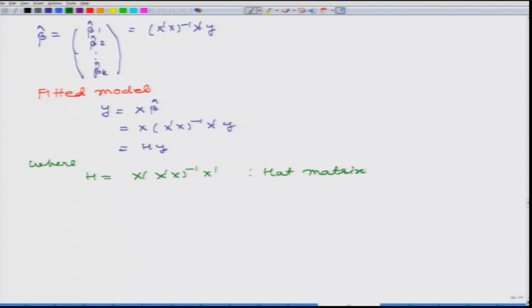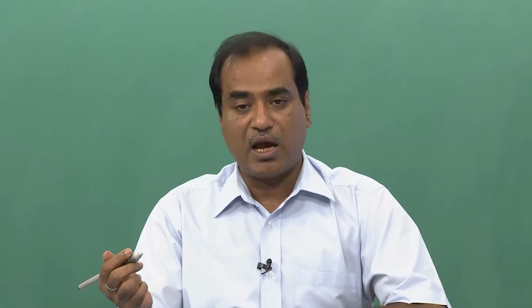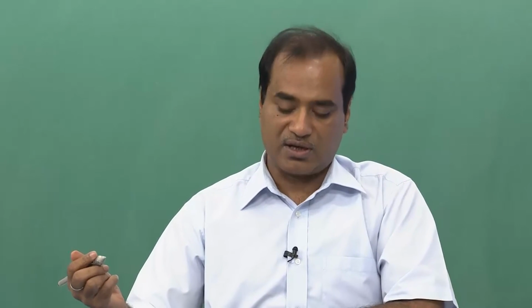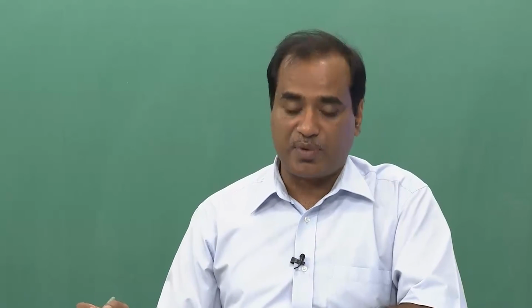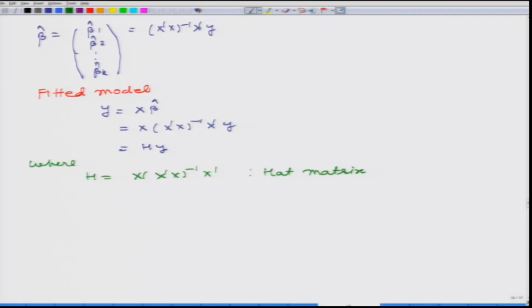You will see later on that this hat matrix plays an important role in linear regression analysis, and the H matrix has some nice properties also. But before that, I can also define another quantity, say H bar, which is I minus H, where I is an identity matrix. So, both H and H bar have certain properties, right.